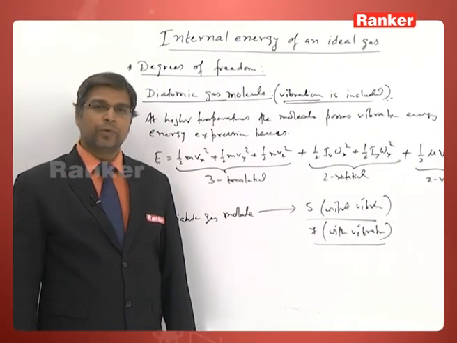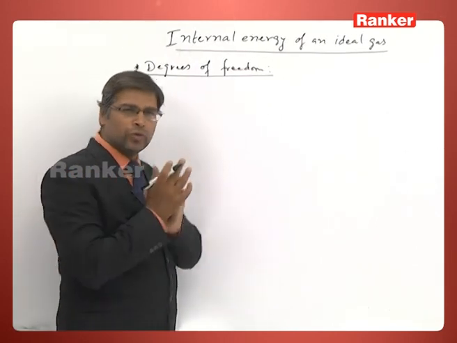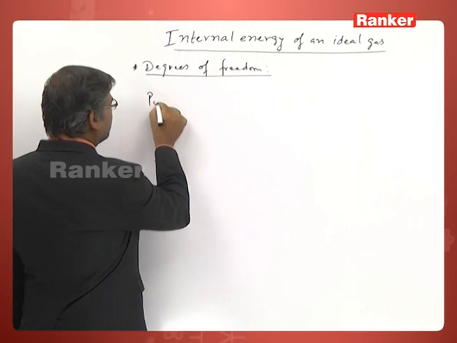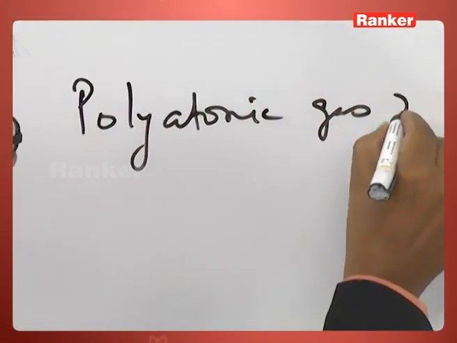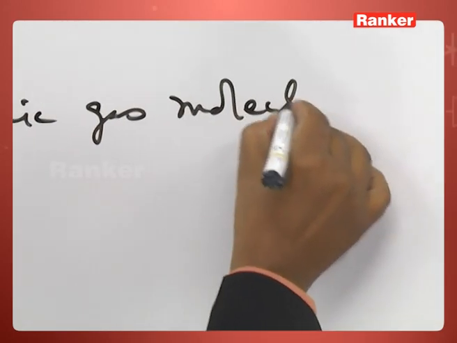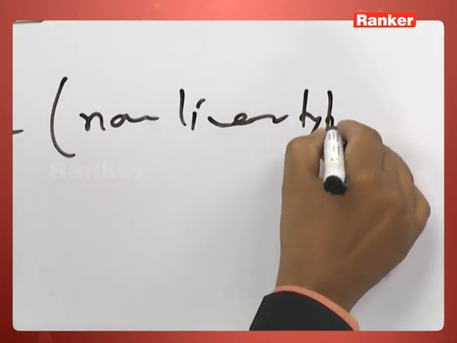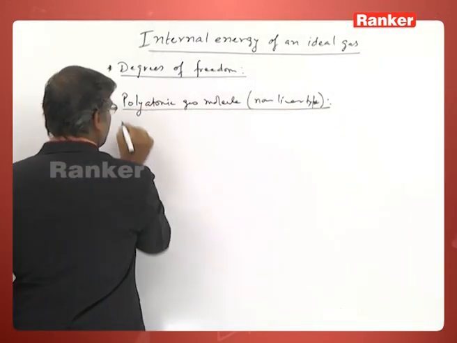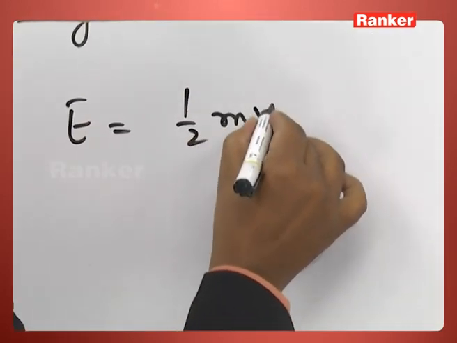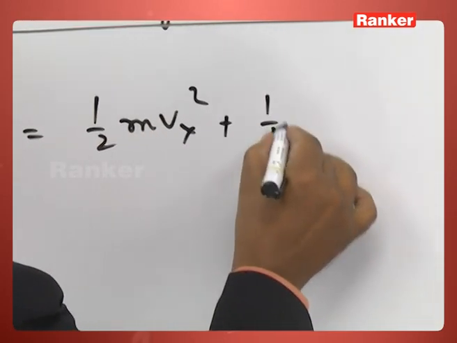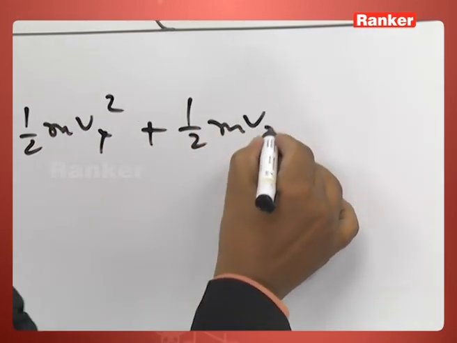Now, let us come to the polyatomic gas molecule, non-linear type. So, again we are going to use E as half m vx square plus half m vy square plus half m vz square.